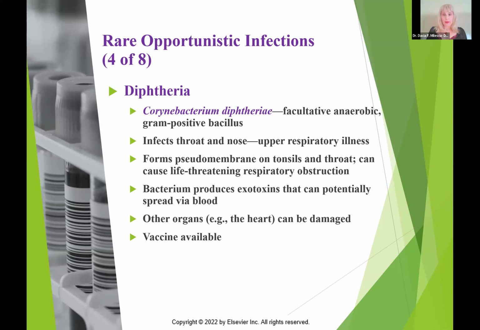They infect the throat and the nose and generally just cause upper respiratory infections. However, they form pseudomembranes on the tonsils and throat and cause life-threatening obstruction so that you can't breathe. The bacterium produces an exotoxin that can potentially spread into the blood, cause septicemia, and affect other organs, including the heart, damage the heart. Therefore, it's very important that you take the diphtheria vaccine and prevent this diphtheria infection from happening.